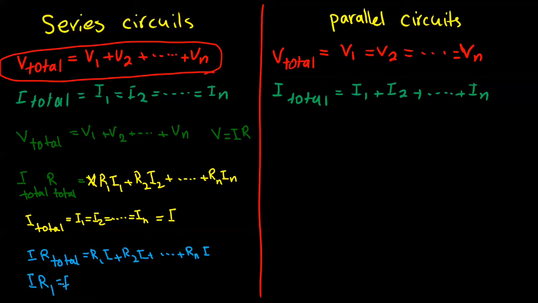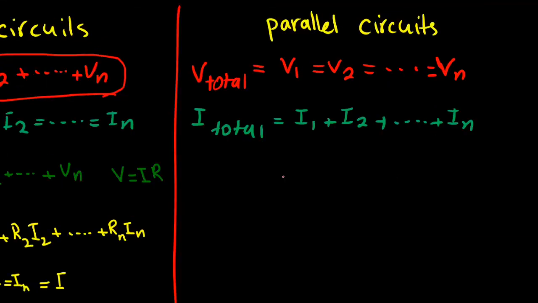So I write I times R1 plus R2 plus Rn. If I simplify I with I, then I get the formula R total equals R1 plus R2 plus Rn for a series circuit. Right now, let's look at the parallel circuit.